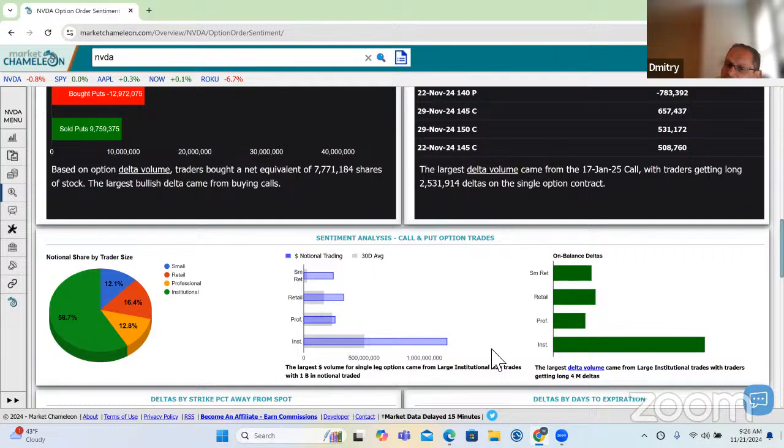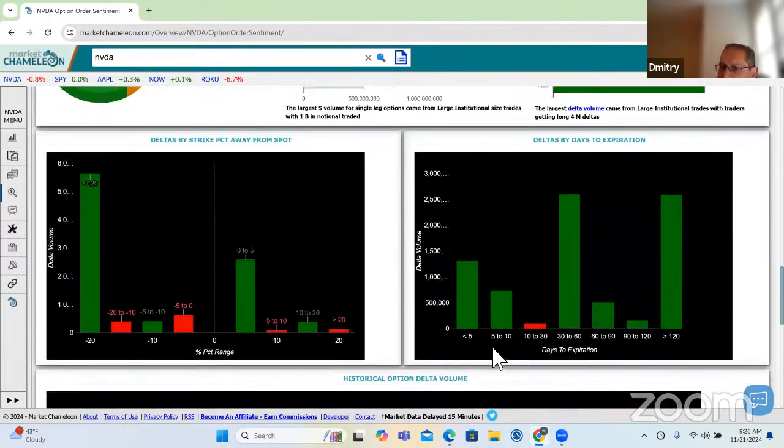Okay, and we only have a couple minutes, so I'm just going to go over these last two. Here, we look at the deltas based on how far away the strikes are from the spot price. If most of the deltas are at the money, we will see them closer to zero. If most of the deltas are out of the money, like percentage away, then they will appear here.